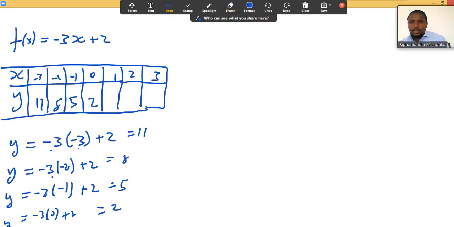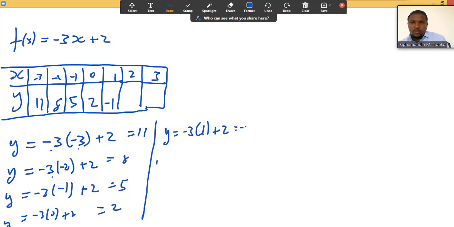Let's look at x is equal to 1. We have minus 3 times 1 plus 2, which is equal to minus 1.